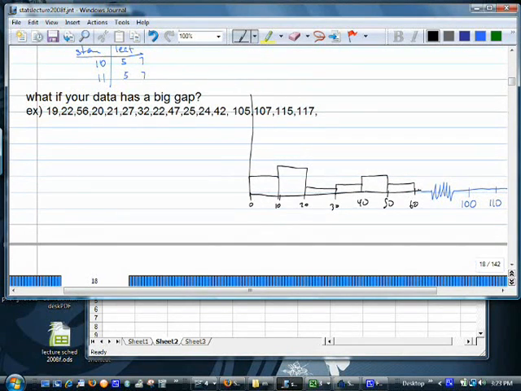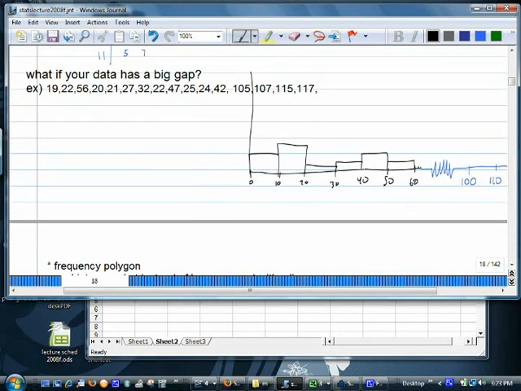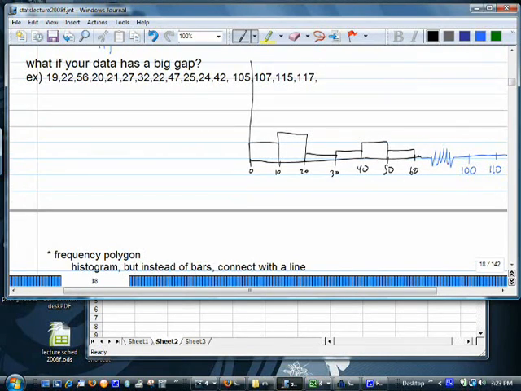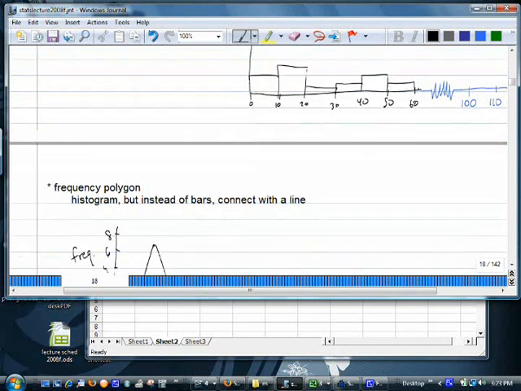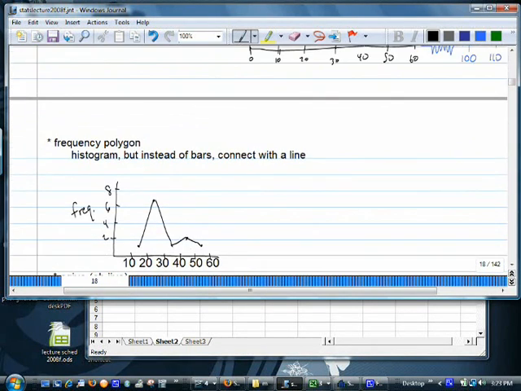So can you see where the histogram used to be? Another way to think about this is, here's the old histogram. How would we convert this? How do we instead write this as a frequency polygon? Looks like this.